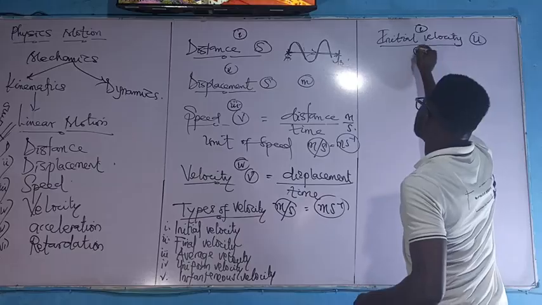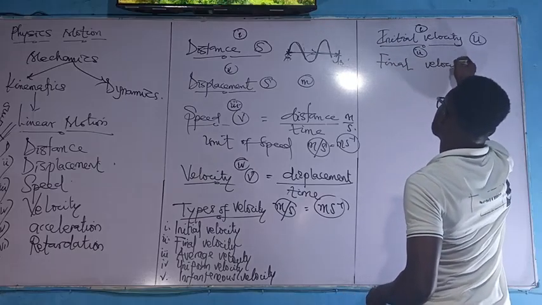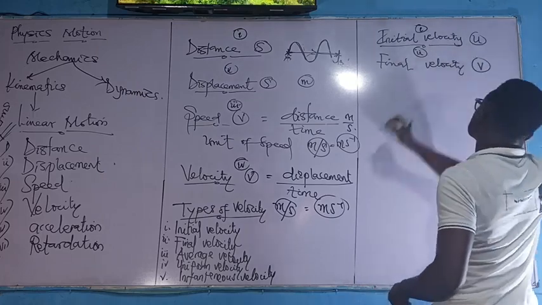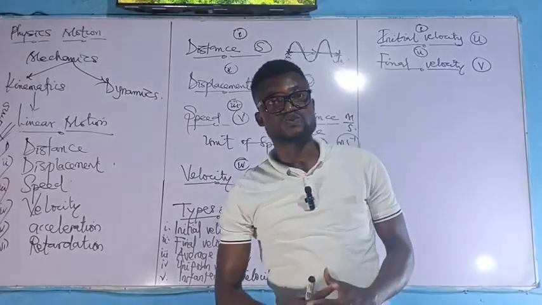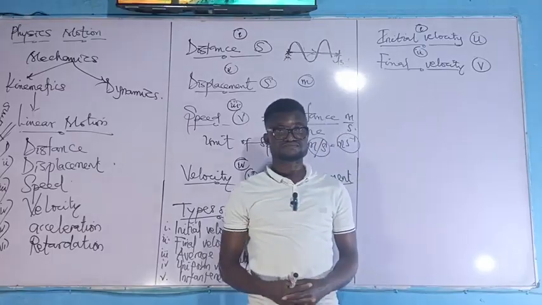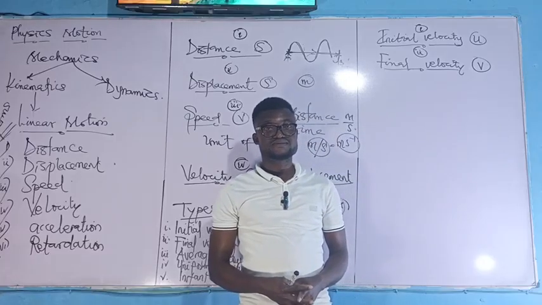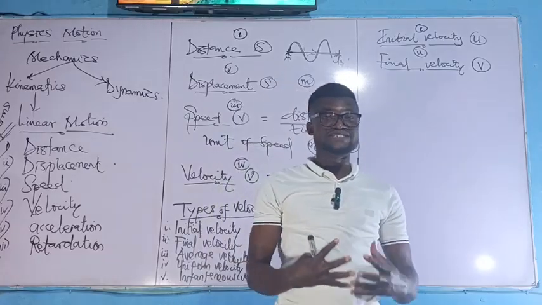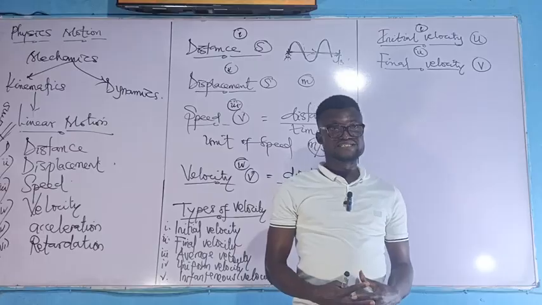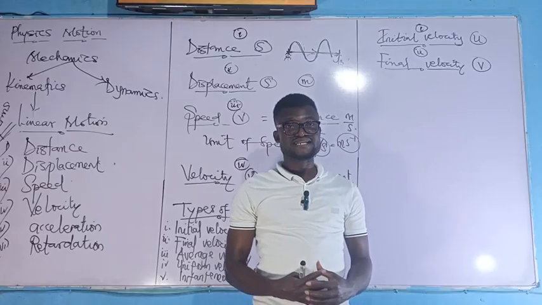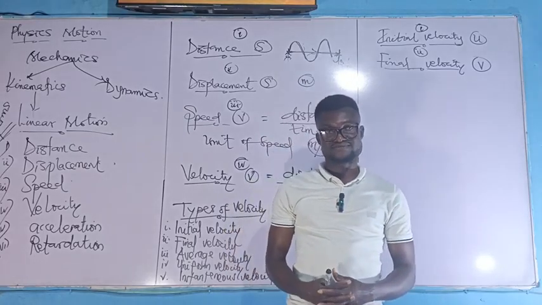Then another one is final velocity. Final velocity is denoted with letter V. The final velocity can be defined as the velocity of a body at the end of observation.